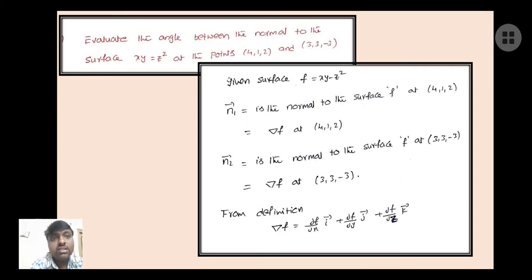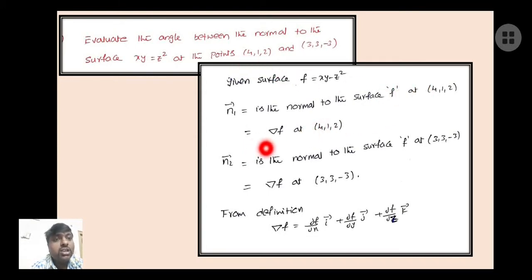On that surface, with the different points we get two different normal vectors. So first of all, I can calculate the generalized normal vector. Given that the surface f is equal to xy minus z square, n1 bar is the normal vector to the surface f at 4, 1, 2.